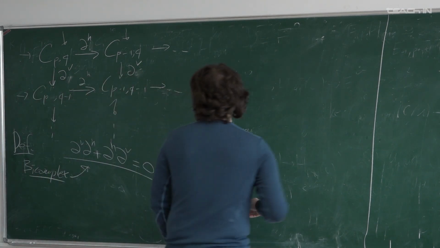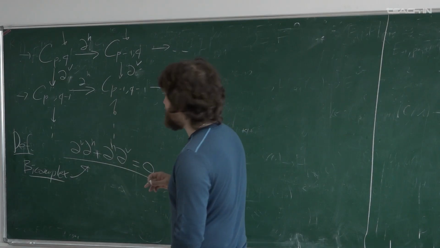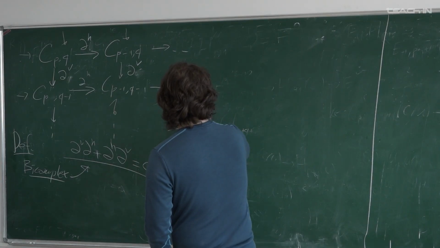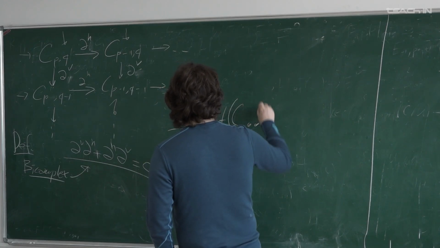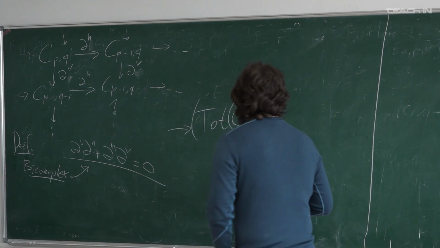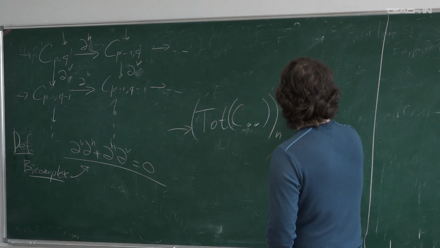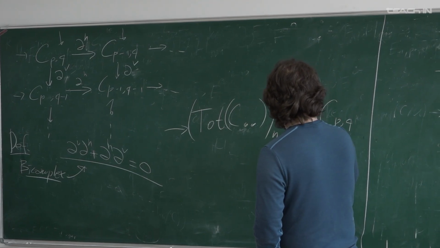And then for a bicomplex, I can consider its total complex. It's a chain complex, the direct sum of C_{P,Q} with P plus Q equal to n.